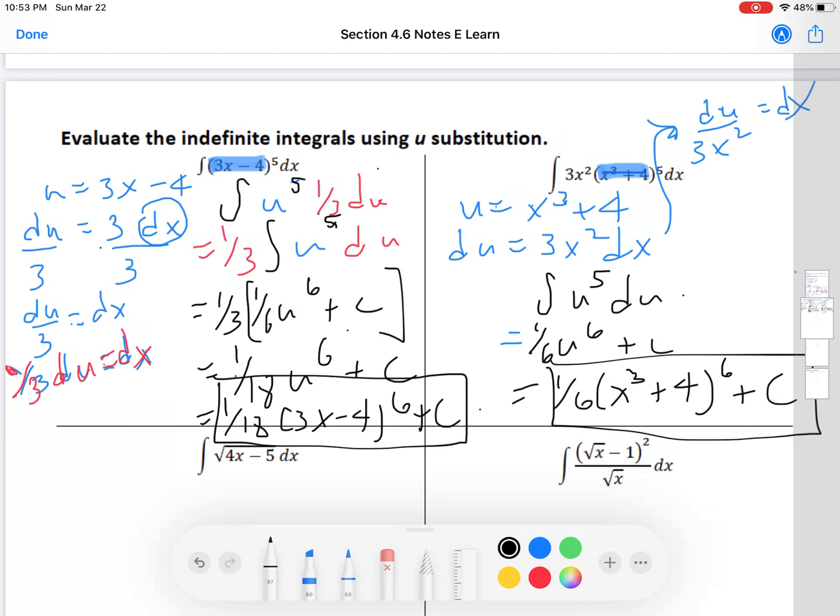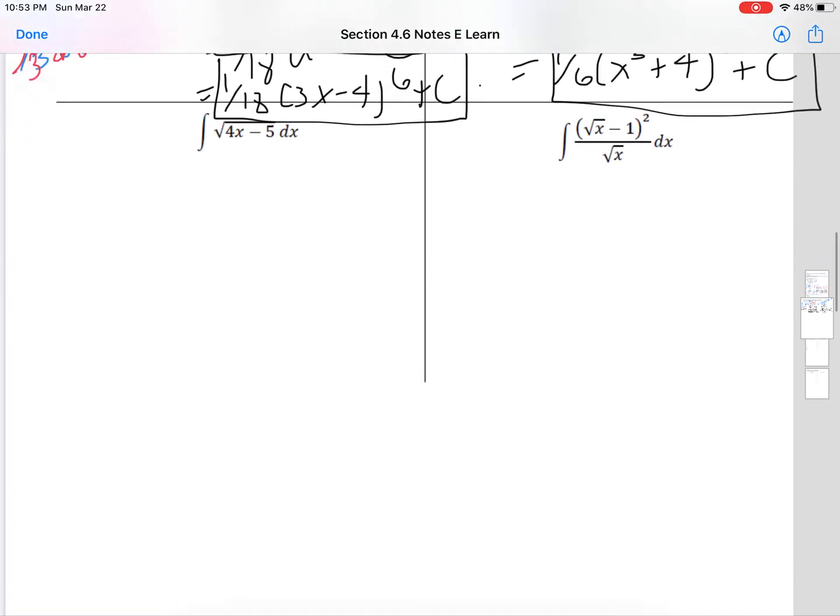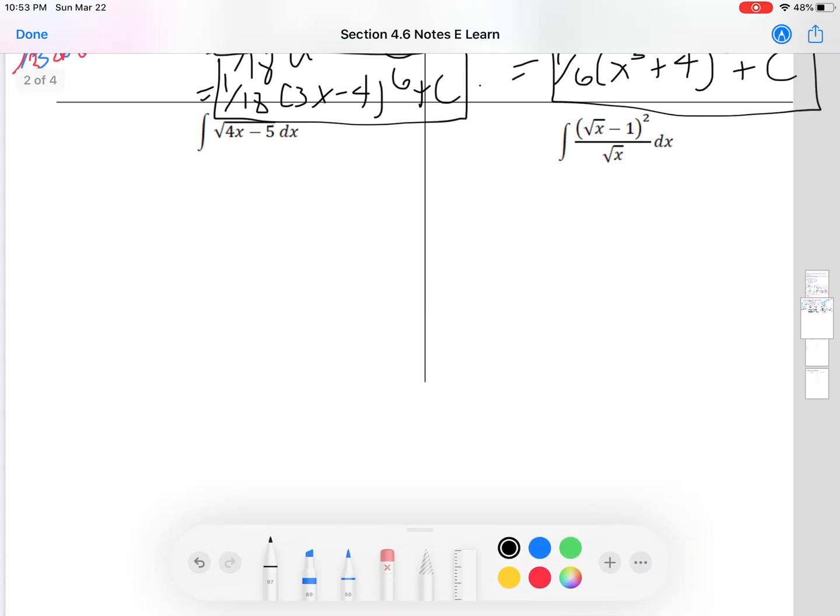Of course, U-substitution also works in those ugly radical cases. So let's look at this one. I think the U is obvious here. The U, pretty obviously to me, looks like that 4x minus 5. You don't ever want to include the square root with the u.